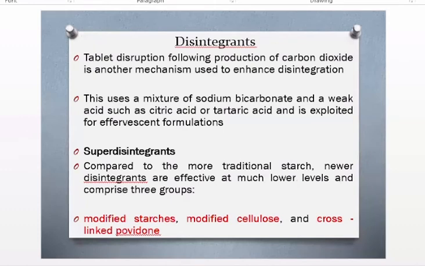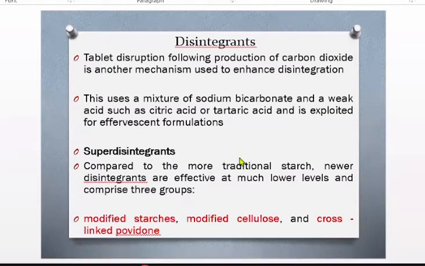Okay, so I think we've added other mechanisms. Tablet disruption following production of carbon dioxide is another mechanism to enhance disintegration. So we see that sometimes you can use a mixture of sodium bicarbonate and a weak acid such as citric acid or tartaric acid.